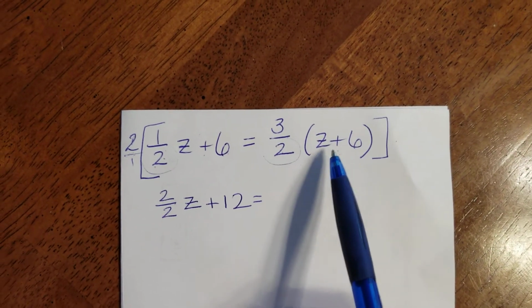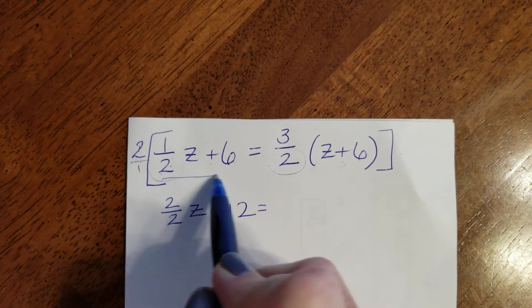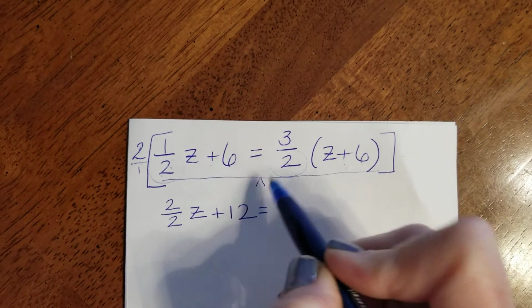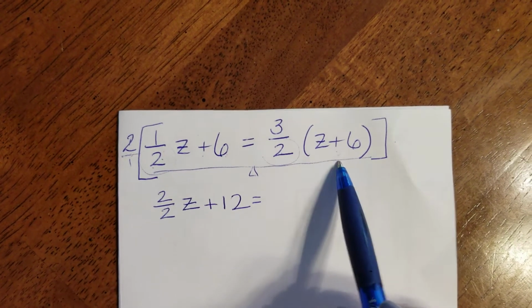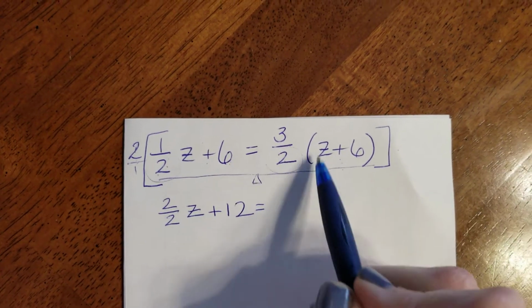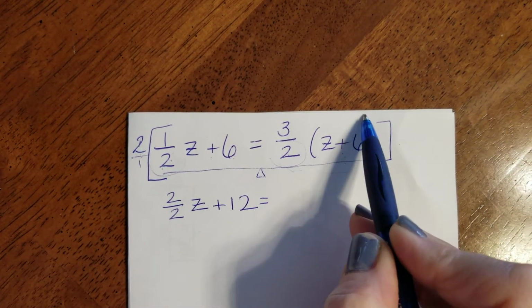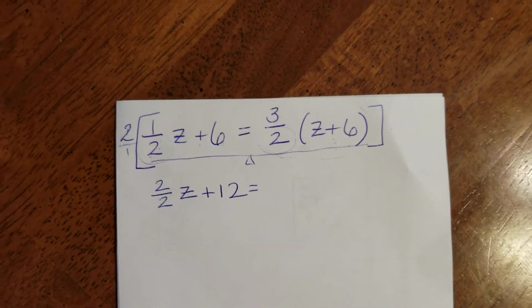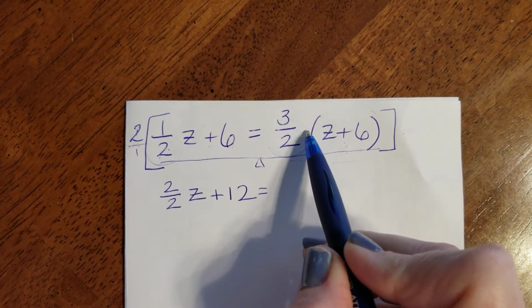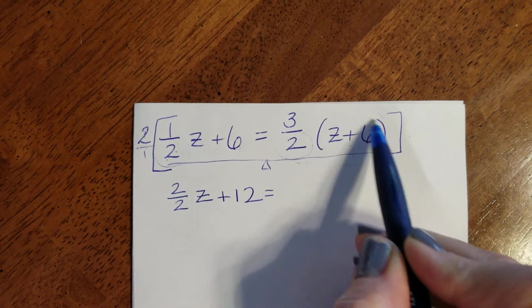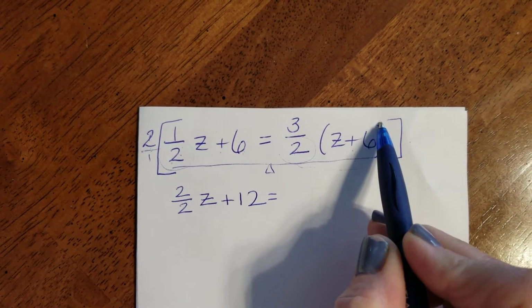Looking at this side of the equation, remember this is a balance. So if we multiply everything on this side of the equation by 2, we have to double everything on this side. However, this is only one term. Remember, terms are separated by addition and subtraction. So since there's no addition or subtraction in between 3/2 and this quantity, this is one term.